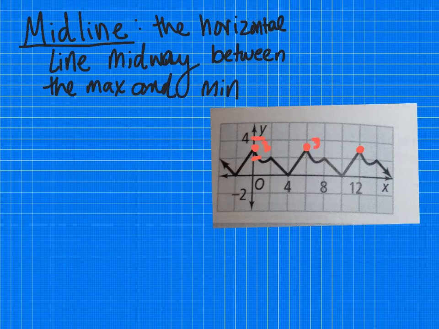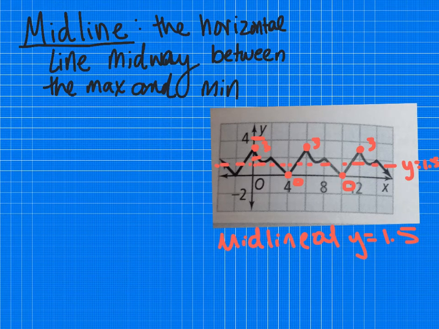So the maximum value happens at y equals 3, and then the minimum values occur where y equals 0. So the midline is going to happen where y equals 1.5. Which is here.